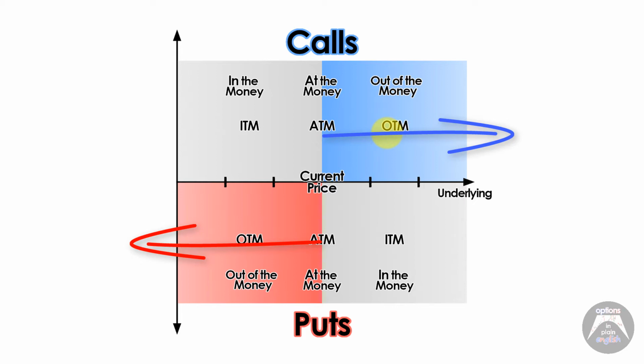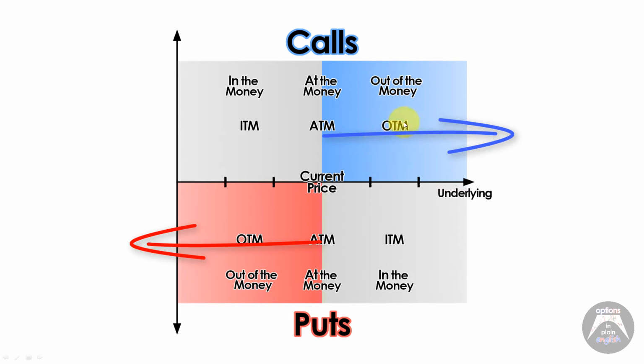It depends on how long we still have until expiration, and on the probability that the current price is going to make those options worth something. So basically, they depend on the price moving in that direction in the time that we have remaining until expiration.